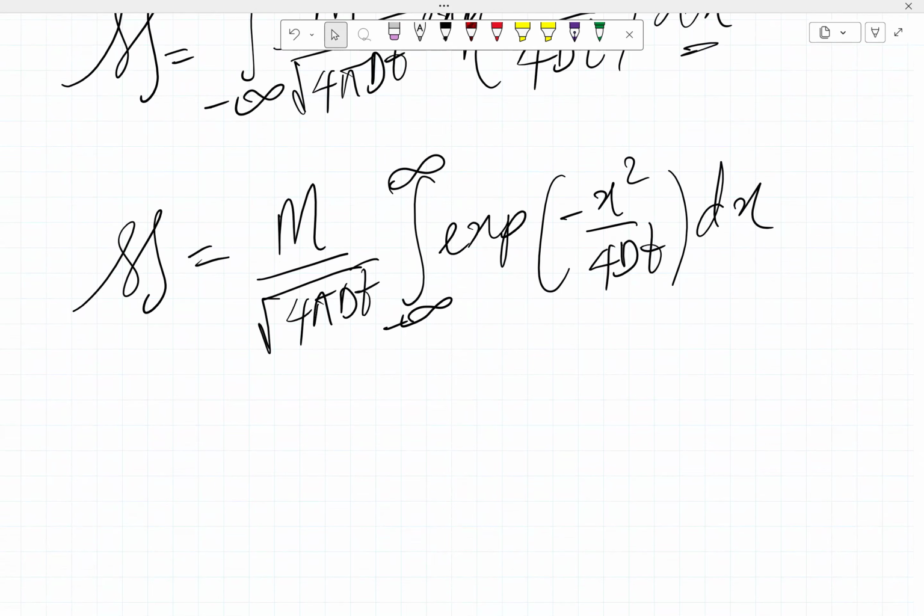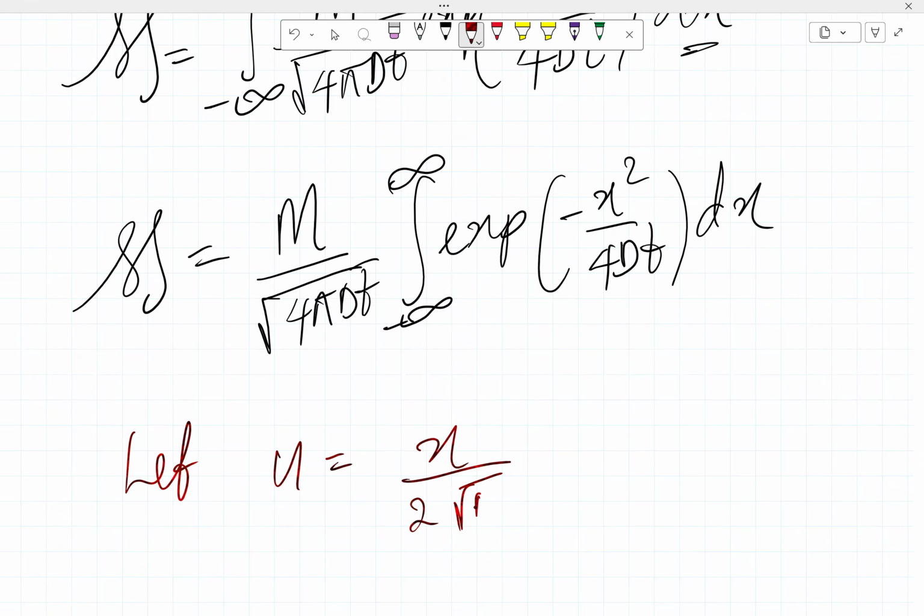Okay, so with that in place, we have to introduce a change of variables, because of this e raised to minus x squared. Just like we would solve the Gaussian integral, we have to introduce a change of variable. To do that, we can say let u be x all over 2 square root of dt.